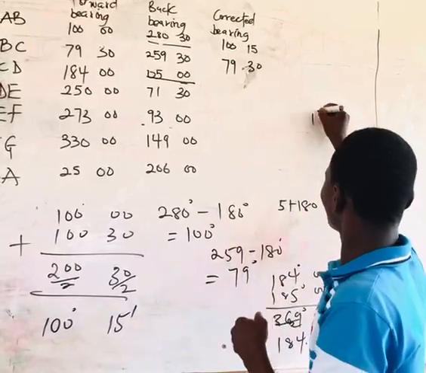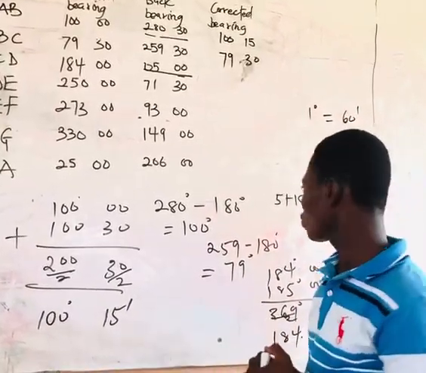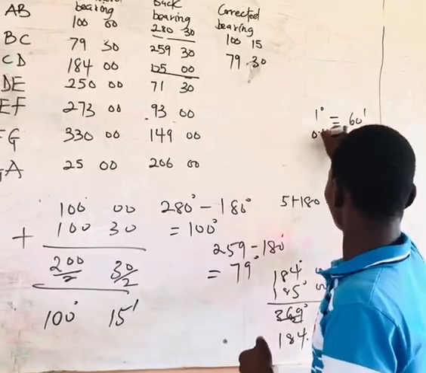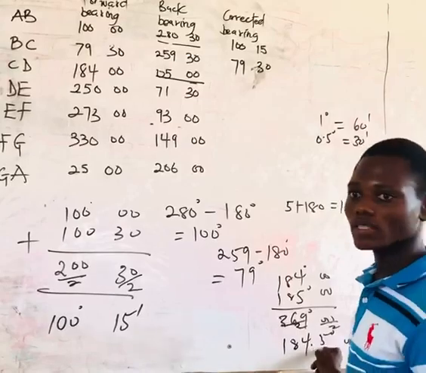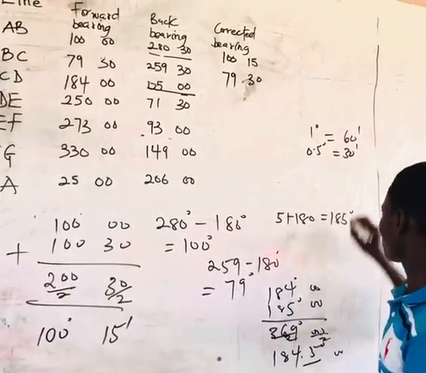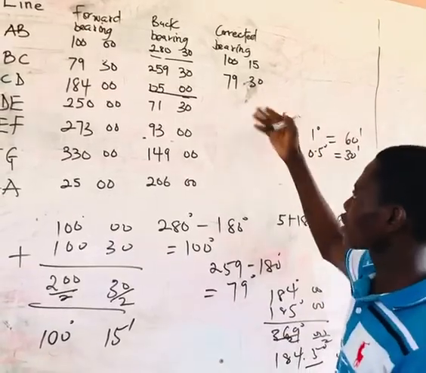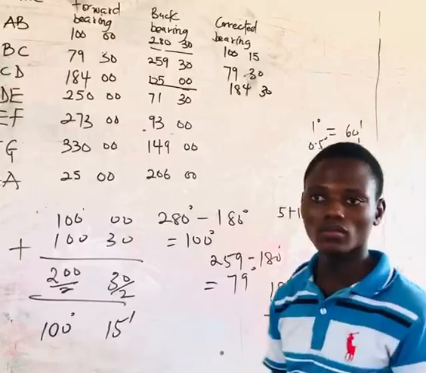Mathematically, 1 degree is equal to 60 minutes, so 0.5 degrees is going to be 30 minutes. You don't want decimals, so you change the decimal to minutes. So our corrected bearing becomes 184 degrees 30 minutes.